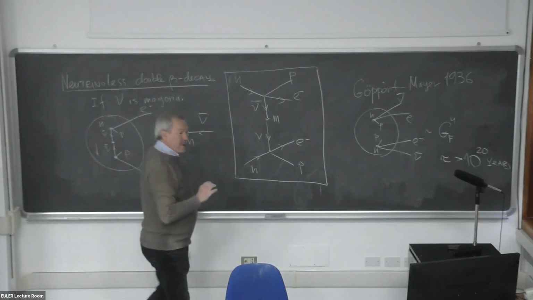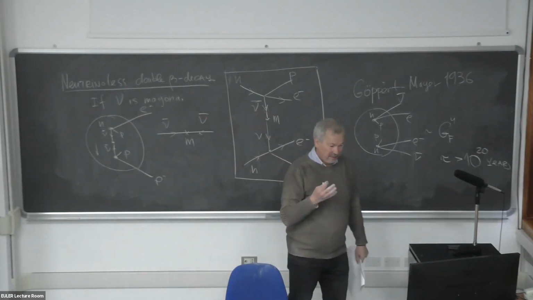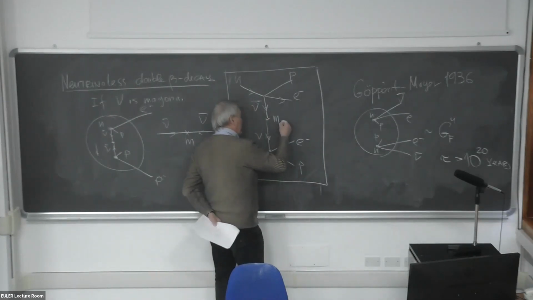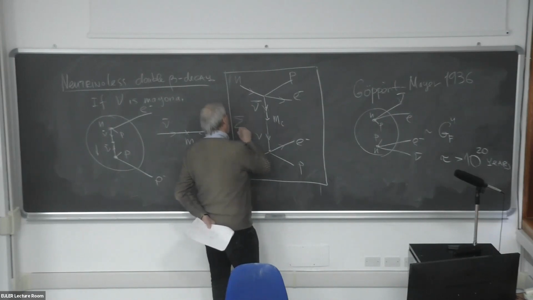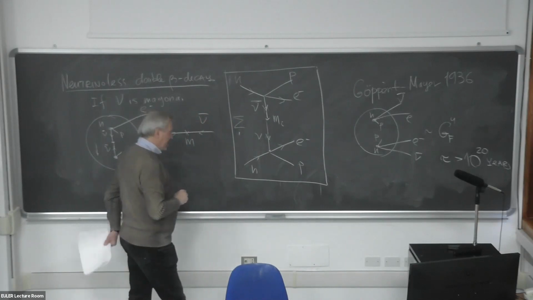One important point, we have not just one neutrino, we have three neutrinos. So here we need to put index i and sum everything over 3 mass states of neutrinos, right?